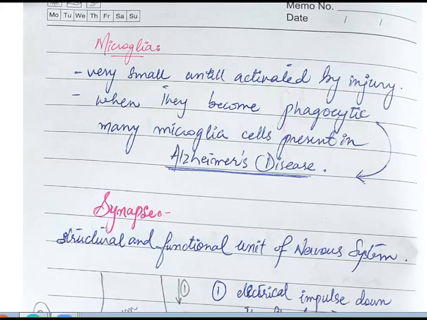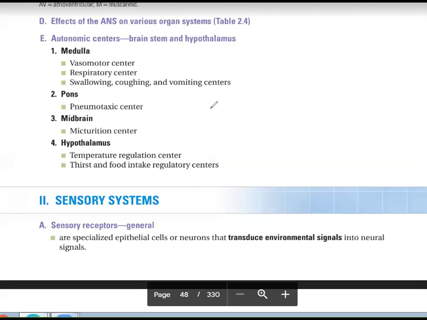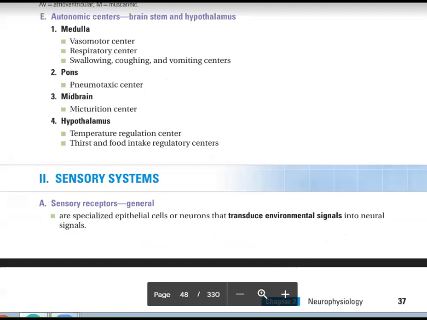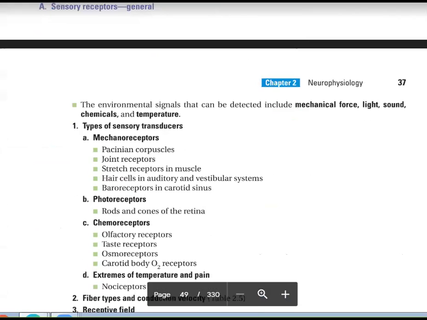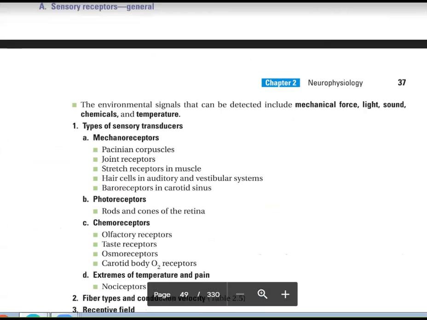Now, for tomorrow, we will begin the sensory receptors. I will teach you the synapse and other things with the action potential that is remaining, but I want to start the sensory receptors for now. This is not given so well, so maybe we can do this tomorrow.